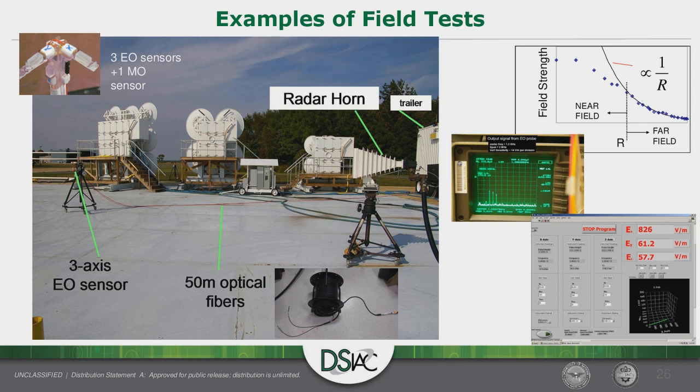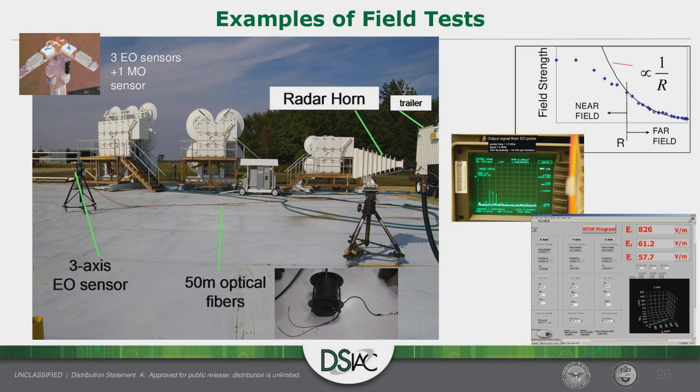This is an example of a field test with earlier EO sensor model prototypes. At that time we had X, Y, Z EO sensors, and one more MO sensor, a magneto-optic field sensor, so you can measure electric field and magnetic field at the same time. The sensor was about 20 meters away from the radar horn, and we detected that signal using 50-meter optical fibers going into a trailer.